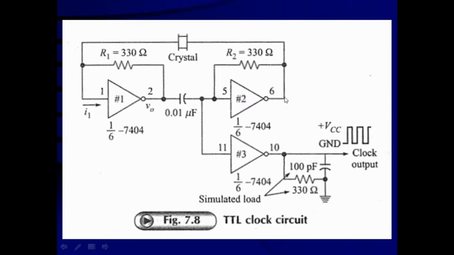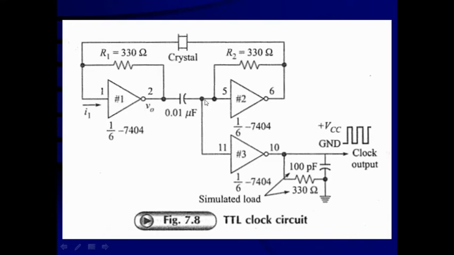Part of the pin number 6 output is fed back to the input through the crystal. The crystal can be of any frequency between 1 megahertz and 20 megahertz, and that means part of the output signal is fed back to the input of this first amplifier, and that way the output is in phase with the input, and then the oscillation starts.